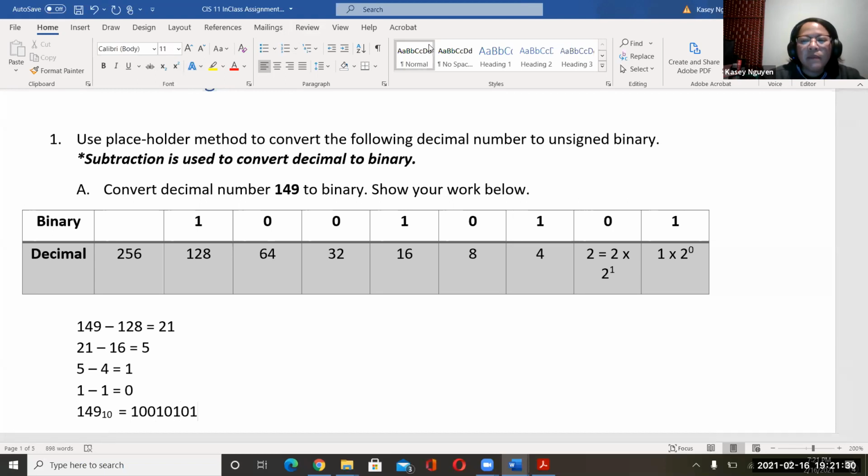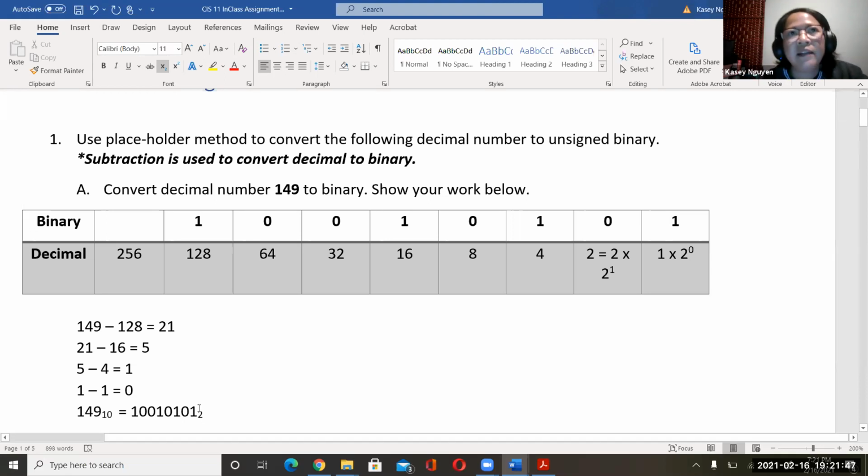For an odd number, you would always have this last bit on. If it's even, it will be off. Now this is base 2. Normally, you don't see people write base 2, because when we see 0s and 1s, we automatically know it's binary, but the proper way is to put the base value to represent what number system it is. Okay, so this is the subtraction method.